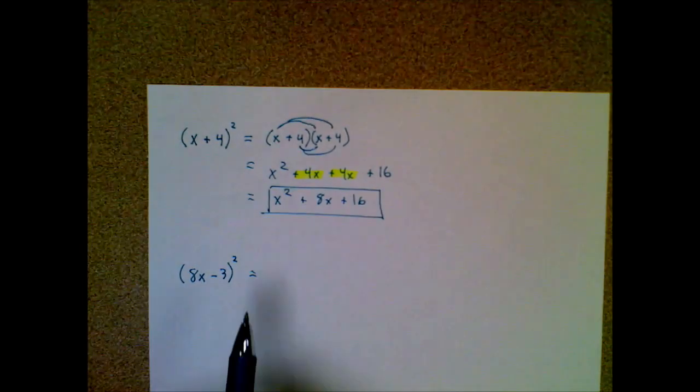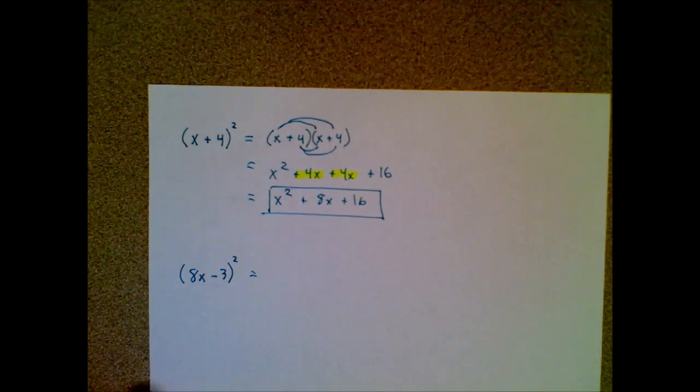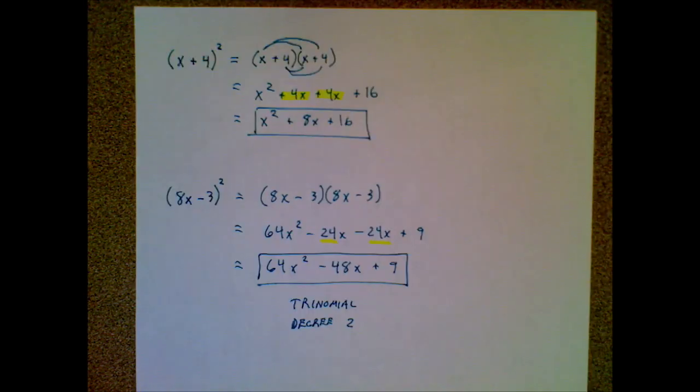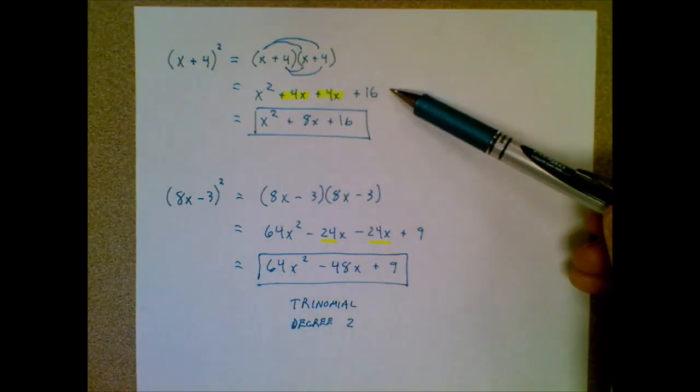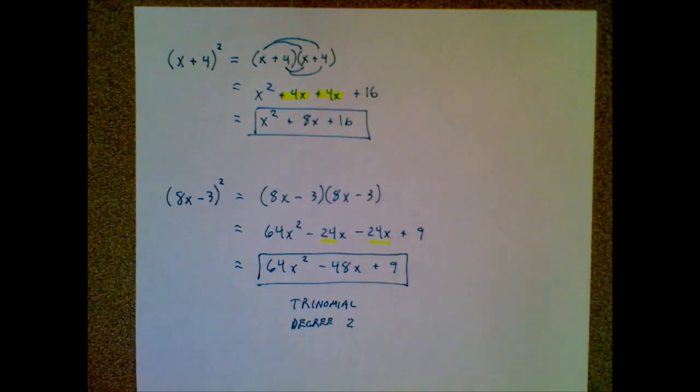My advice for you is take this problem, use this as a model, pause the video, and see if you can work that out on your own and compare it to my solution coming up here. Go ahead and do that, please. By using the top one as a model, you know that anytime something is squared, it's multiplied by itself.